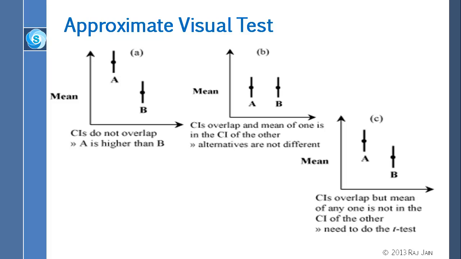But we don't need to do that, because visually when you look at this, I can tell you that basically you can be assured that A is better than B in this case. You can be assured that A is the same as B in this case. This is the only case where you cannot be sure either way. In this case, you need to run that formula.